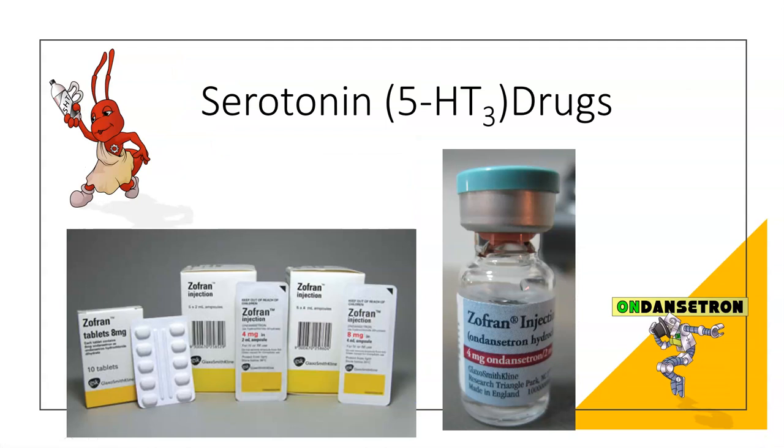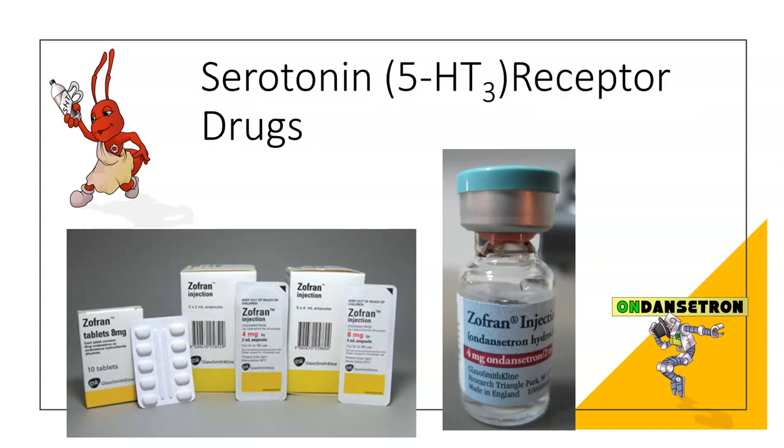The next group are your serotonin drugs. These are actually serotonin antagonists. So I'm going to fix that right now as I'm on this slide. Serotonin 5-HT receptor blocker drugs. So these are antagonists.